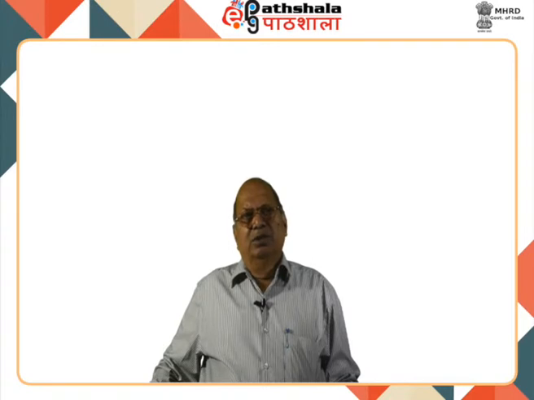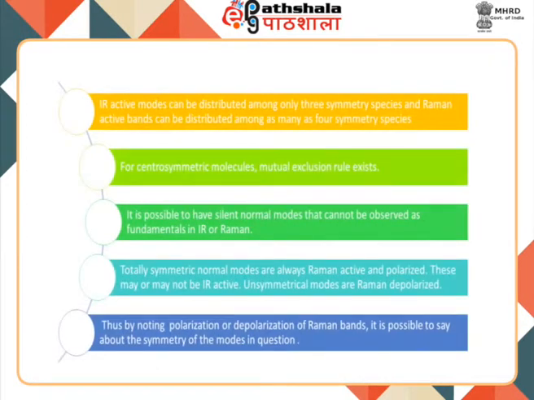Now, some general points about selection rules for IR and Raman spectroscopy. These are: Number one, IR active modes can be distributed among only 3 symmetry species, and Raman active bands can be distributed among as many as 4 symmetry species. Two, for centrosymmetric molecules, the mutual exclusion rule exists.